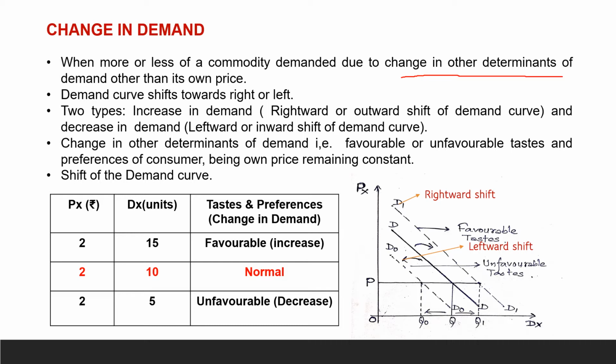In this case, the demand curve shifts towards right or left. So the demand curve shifts either this side or left side. This is of two types: increase in demand, in which the demand curve shifts rightward, and decrease in demand, in which the demand curve shifts leftward.